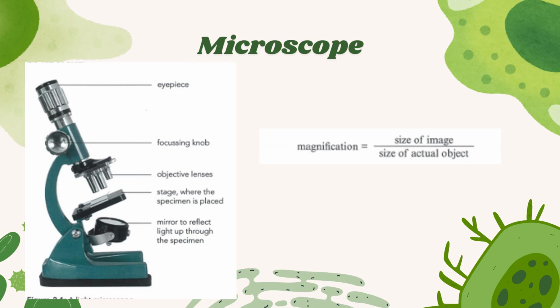As an example, you can take a part of a root as a specimen, with its actual size, and when we look using a microscope we can see it larger. That activity we call magnification.